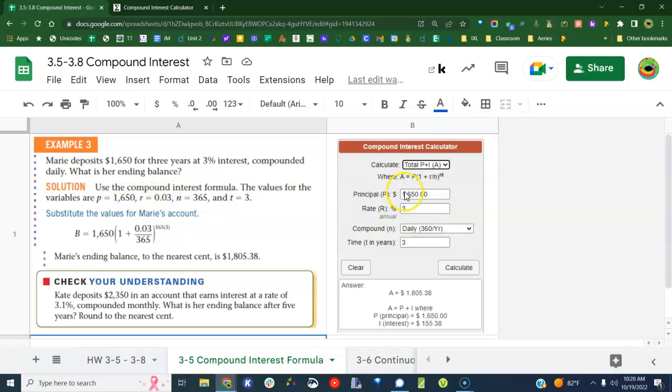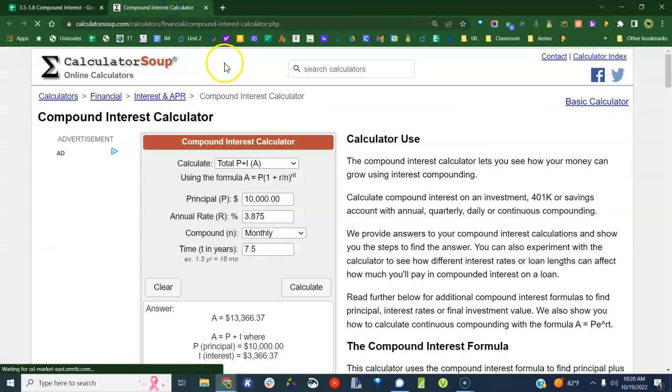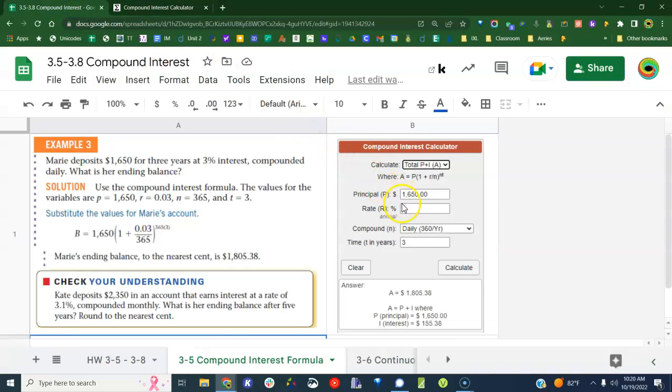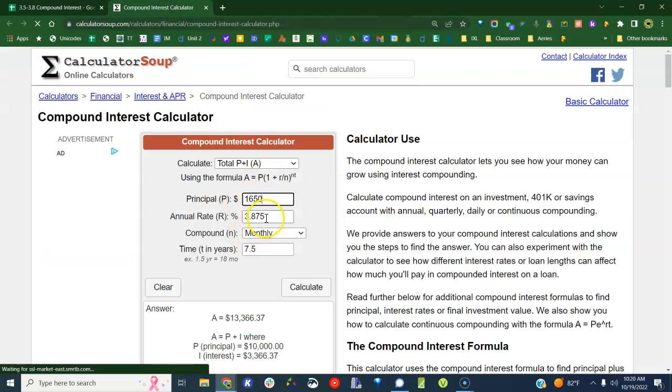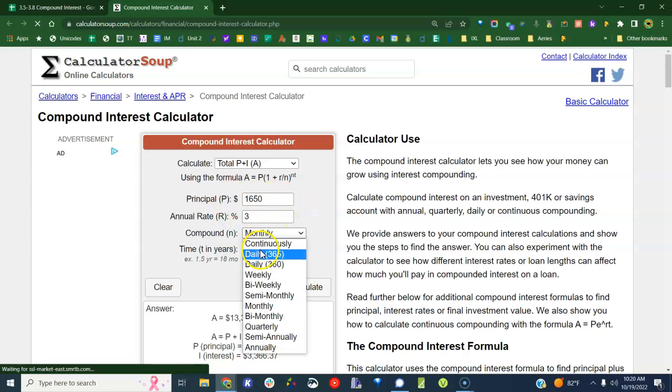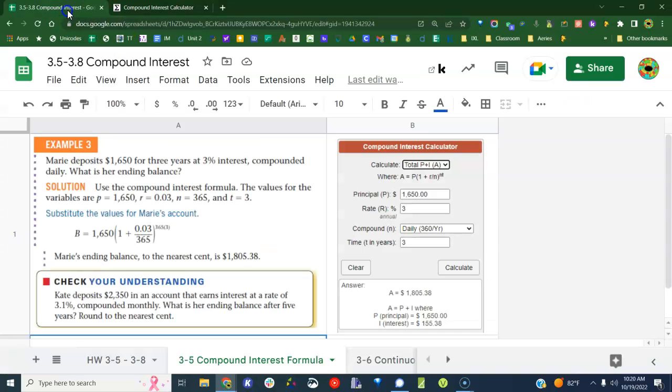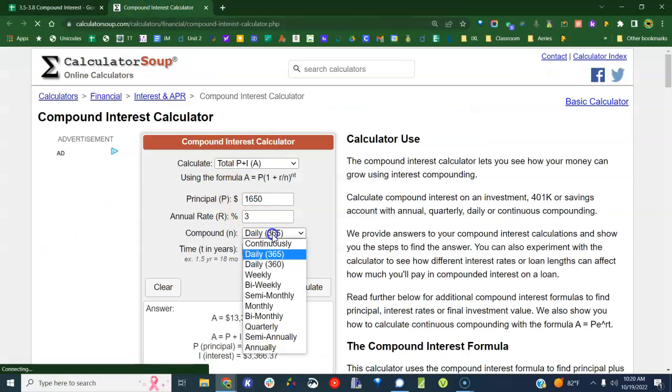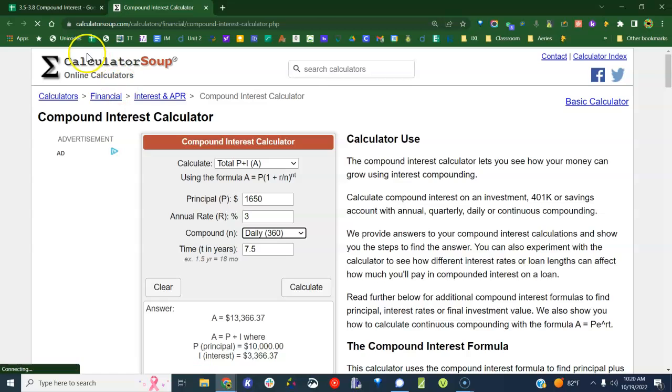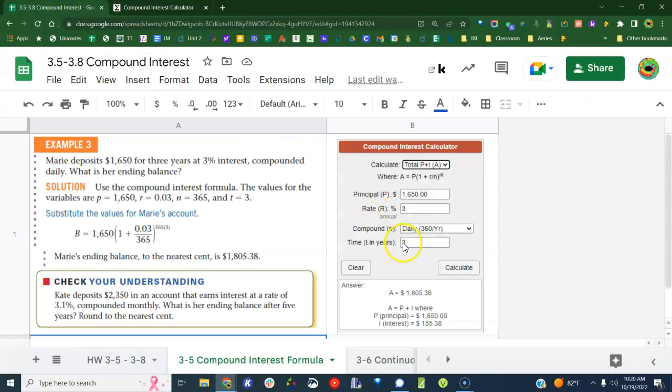Put in the principal of 1,650, at a rate of 3%. It's compounded daily, I think is what it said. 360. And it says the time is 3 years. T equals 3.